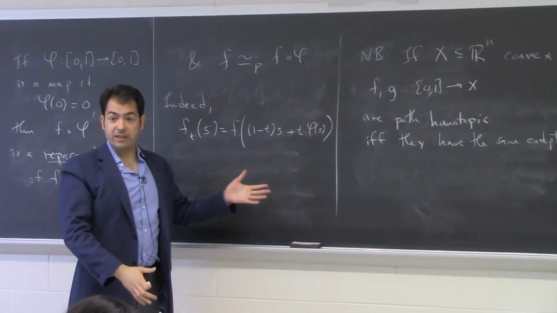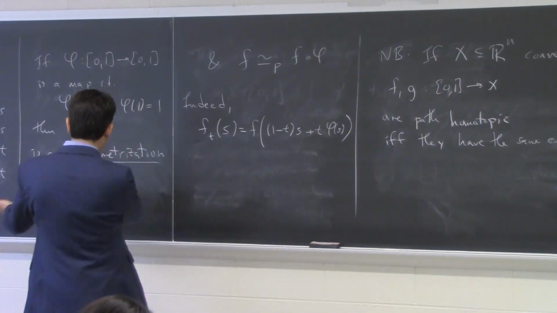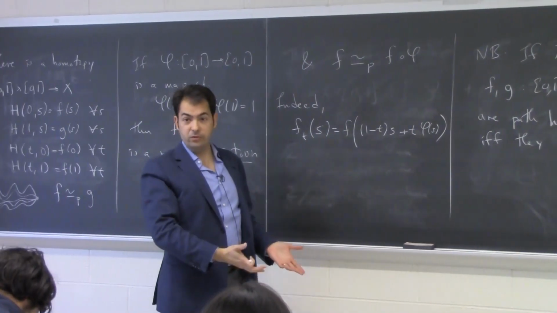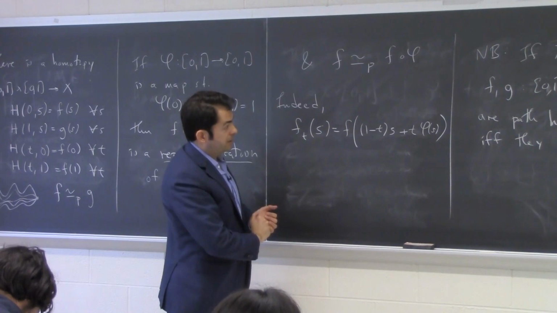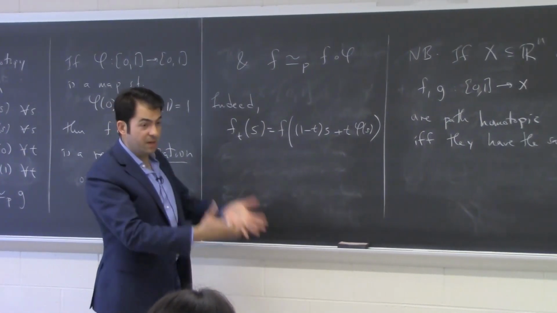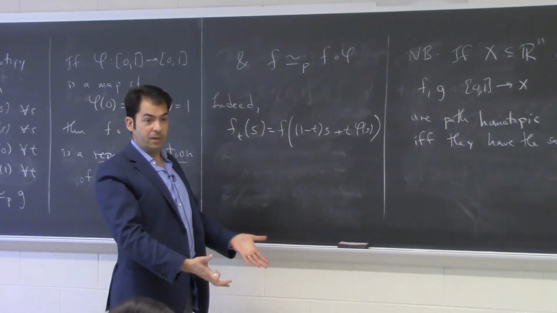Okay? So obviously, if they are path homotopic, then by definition of path homotopy, they have to have the same endpoints, right? But the cool fact is that if they have the same endpoints, then they are indeed path homotopic.